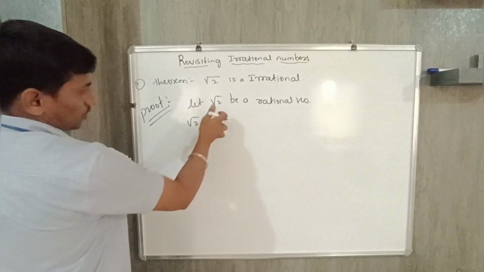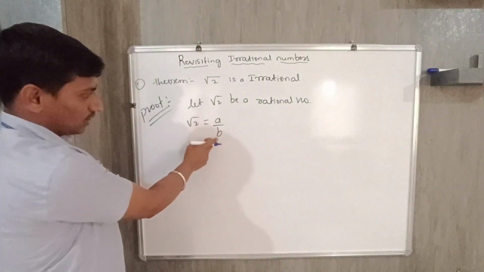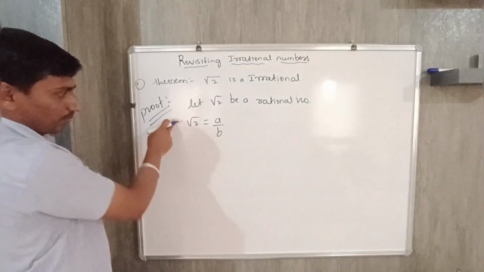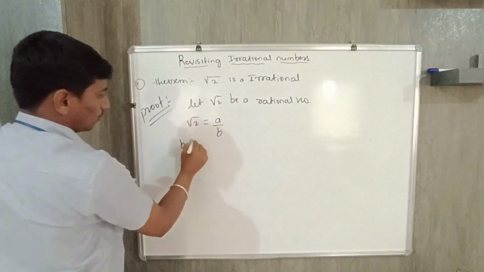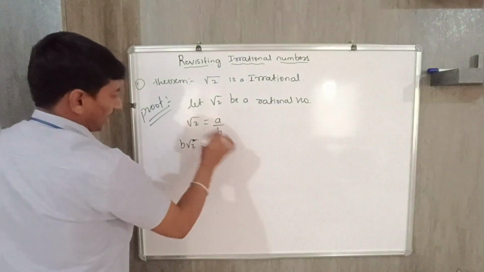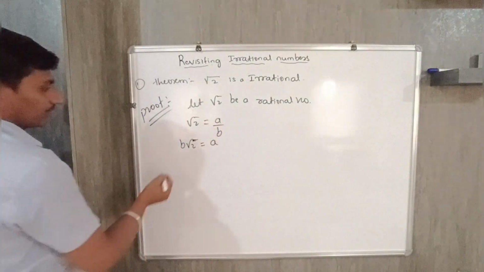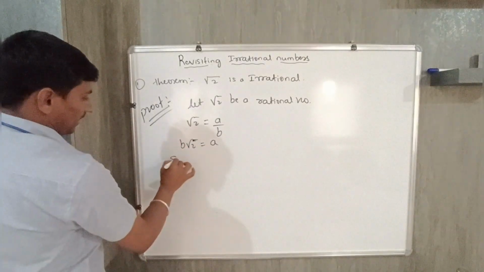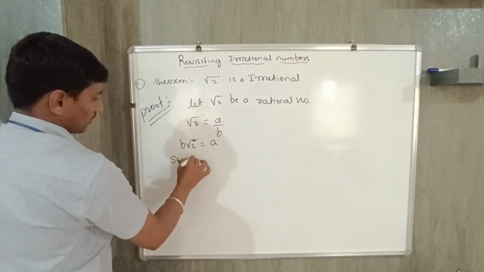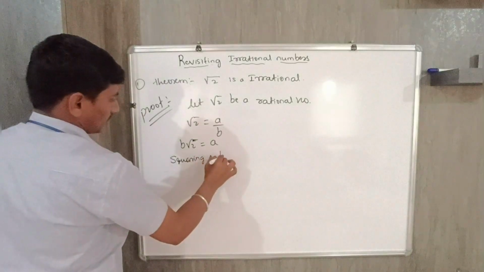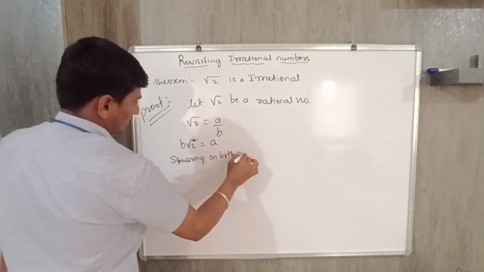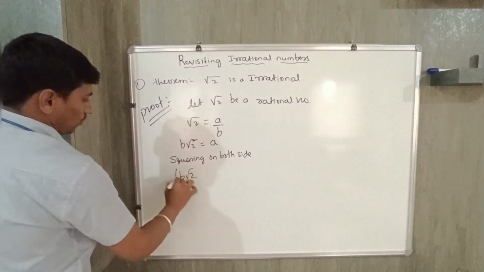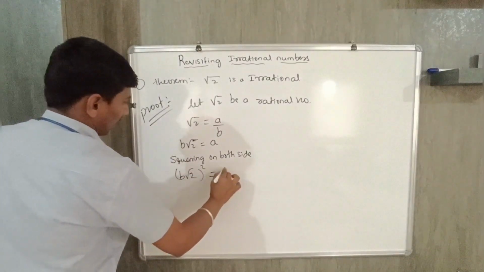So a by b, b is dividing, so take it to this side: b into root 2 equals a. That is, b root 2 equals a. Again, squaring on both sides: b root 2 whole square equals a square.